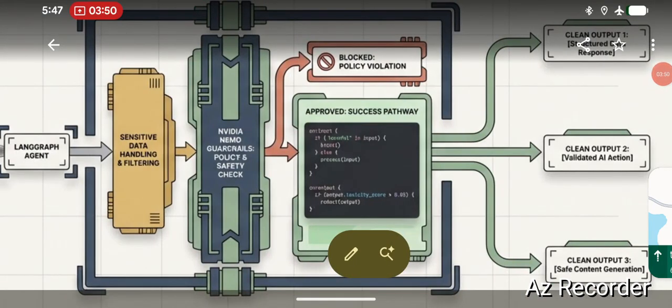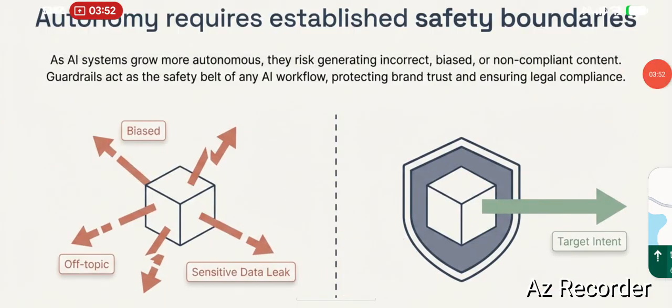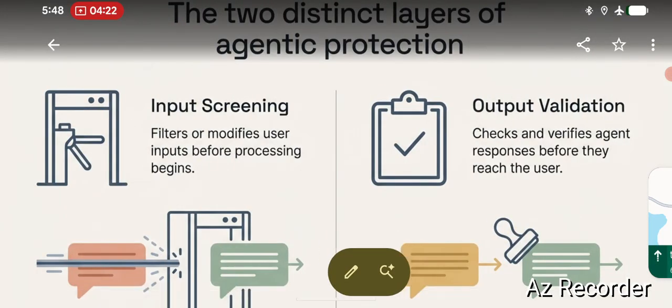So let's understand what guardrails do. The information may be biased, it may be out of context of the topic, or there may be a data leak. So all such information, guardrail protects it, and the right information is shared with the end user, right?